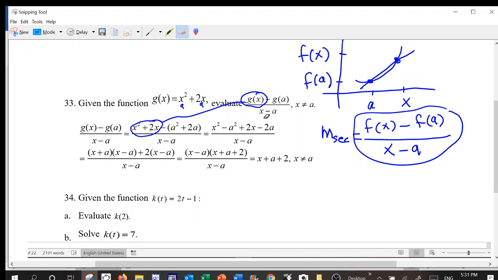And then divided by what? x minus a. Now we simplify that. Again, you have to distribute the minus. So what do you get? You get x squared plus 2x minus a squared minus 2a, right?